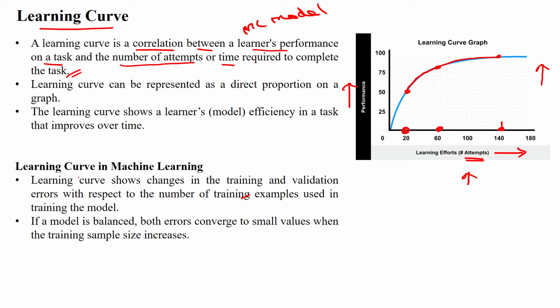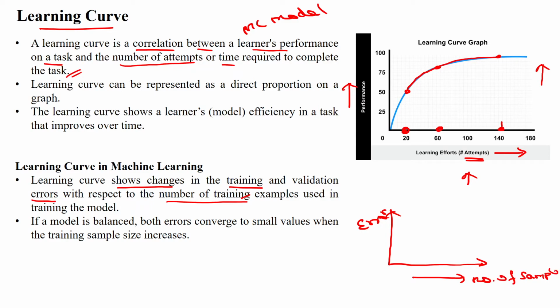Then the learning curve also shows the changes in the training and validation errors with respect to the number of training samples. Here there is the possibility of error, and here the number of samples during the training and testing.